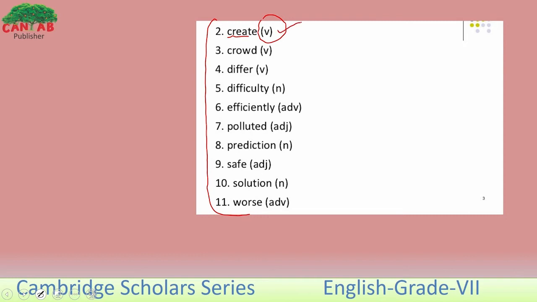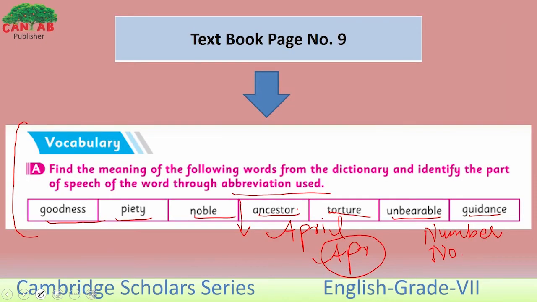It shows that this word is a verb. Create, crowd, difficulty is a noun here. Efficiently is an adverb. These are all abbreviations of the parts of speech which we have discussed, and you need to identify which part of speech this is.